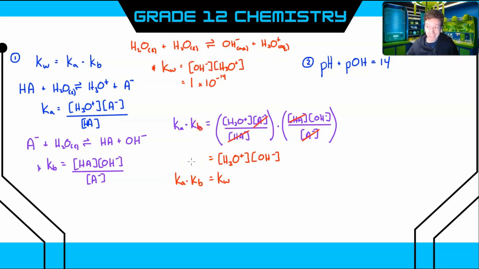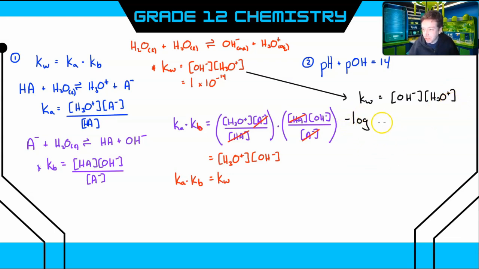All right, so what about the second equation? For our second equation, we are going to start with our autoionization of water. So we've got Kw is equal to our hydroxide concentration times our hydronium concentration. And we're going to take the negative log of both sides. So negative log of Kw is equal to the negative log of the product of these two concentrations.